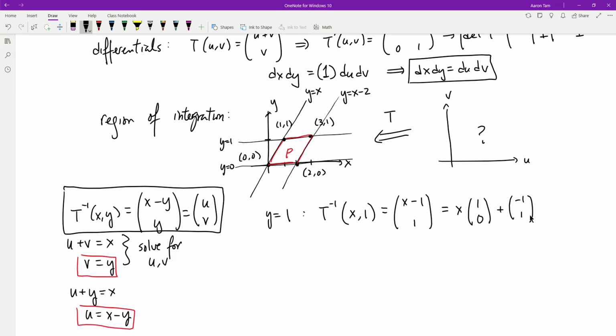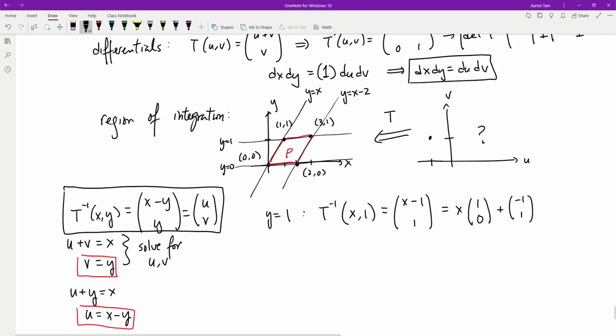So therefore, this tells me that in this UV plane, y equal to 1 will form the line that goes through the point negative 1, 1 and goes in the direction 1, 0. So let's draw that. So let's say here's 1, here's negative 1. So here's negative 1, 1.